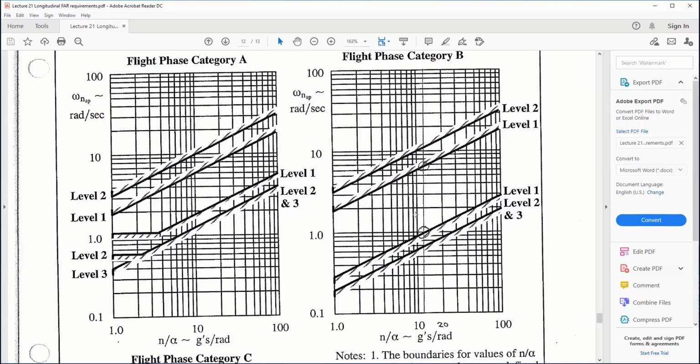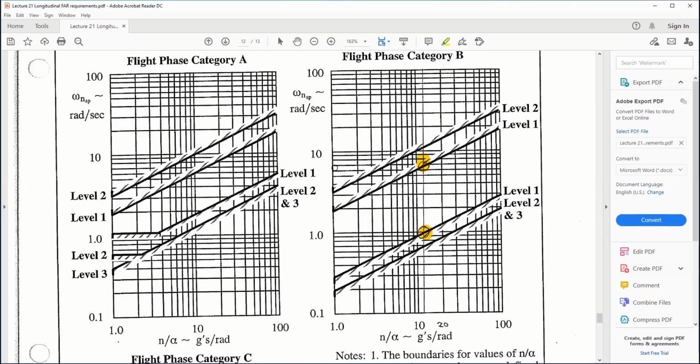So I've drawn a line up at the N over alpha, and then the intersection with level 1 and level 2 give me the points here. So here's what I'm looking at here and here. So we read off there, log scale again. 1, 2, 3, 4, 5, 6.